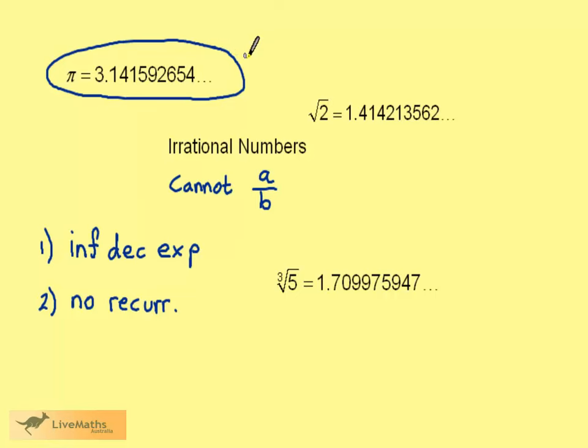You'll have heard stories of people remembering the decimal expansion of pi to thousands of decimal places. Clearly, this wouldn't be a very impressive feat if it recurred. Pi has an infinite decimal expansion with no recurrence, so pi is an irrational number.